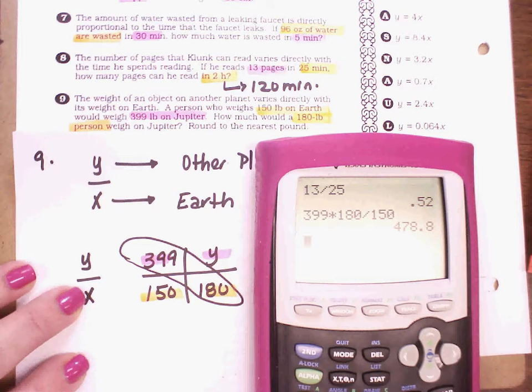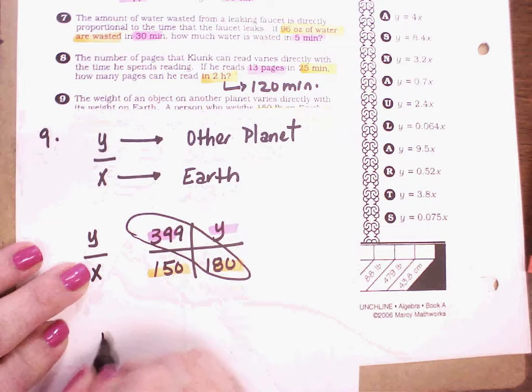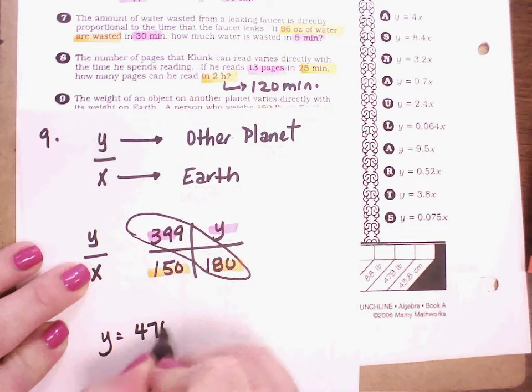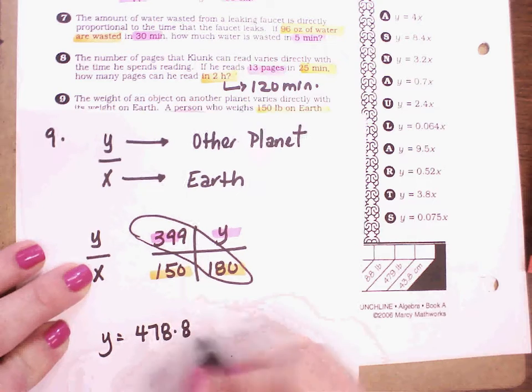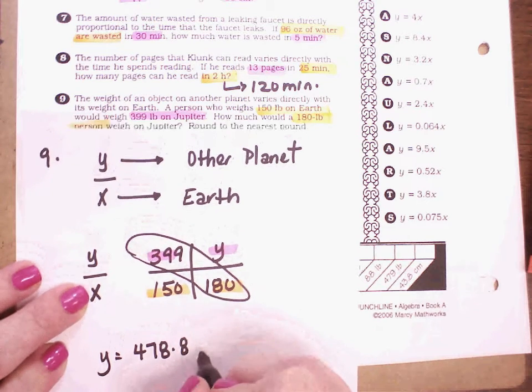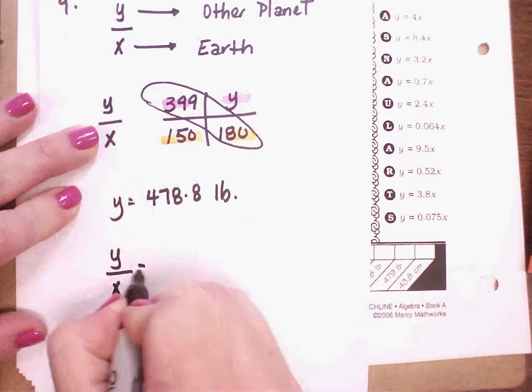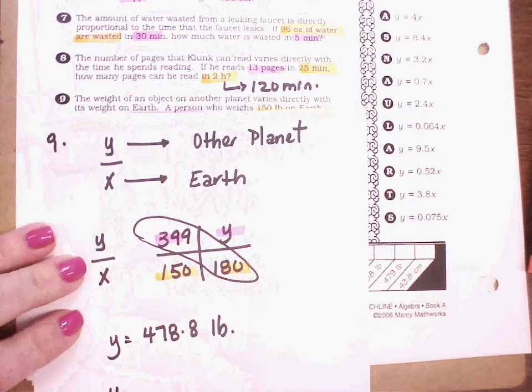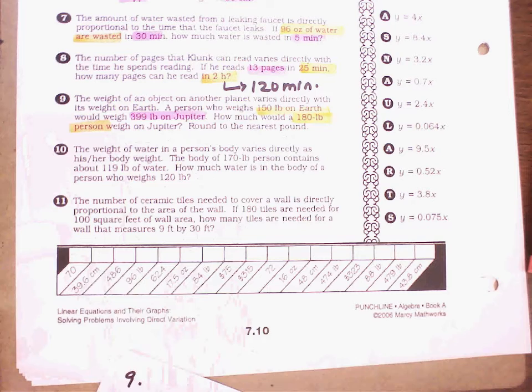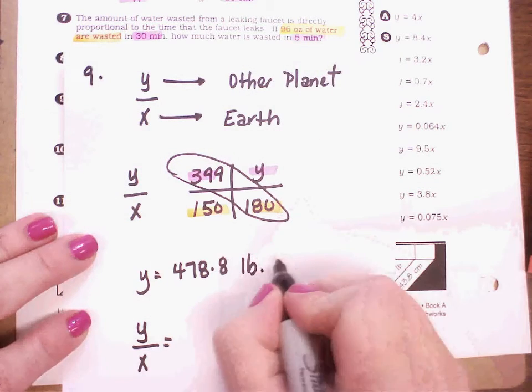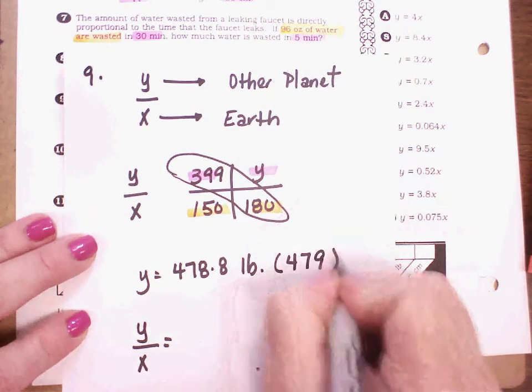Did you guys get 478? Yes? Oh, so 478.8 pounds, right? Yep, it's pounds. All right, did they round? Did they? All right, 479. Oh, the answers are over here in the back, right?